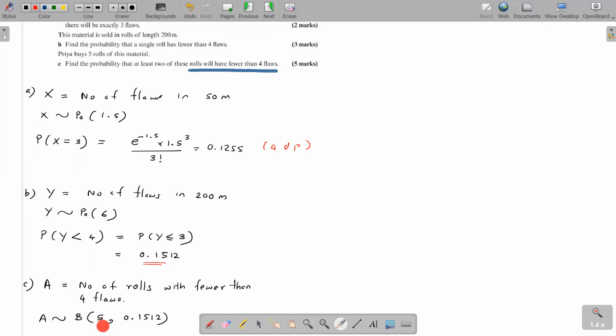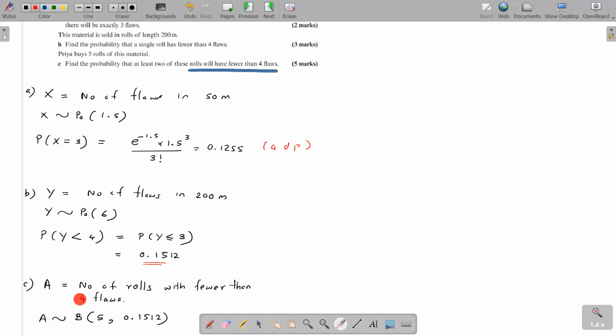Look, number of trials. I know I have 5 rolls. So there are 5 rolls, and what's the probability of success? The probability of success is that a roll has fewer than 4 flaws, right? In binomial, we write N as the number of trials, P as the probability of success of that event. Now, this is my event: a roll with fewer than 4 flaws.